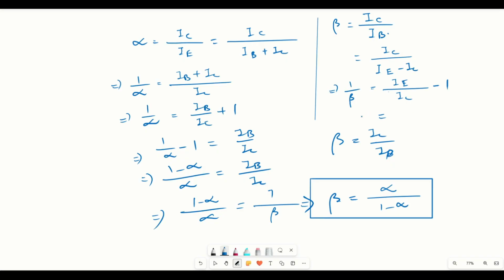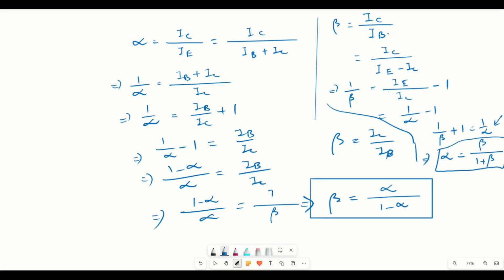Now this is 1 by alpha minus 1. So 1 by alpha is 1 by beta plus 1, which implies alpha is given by beta by 1 plus beta. So this is the relation of alpha in terms of beta, right?